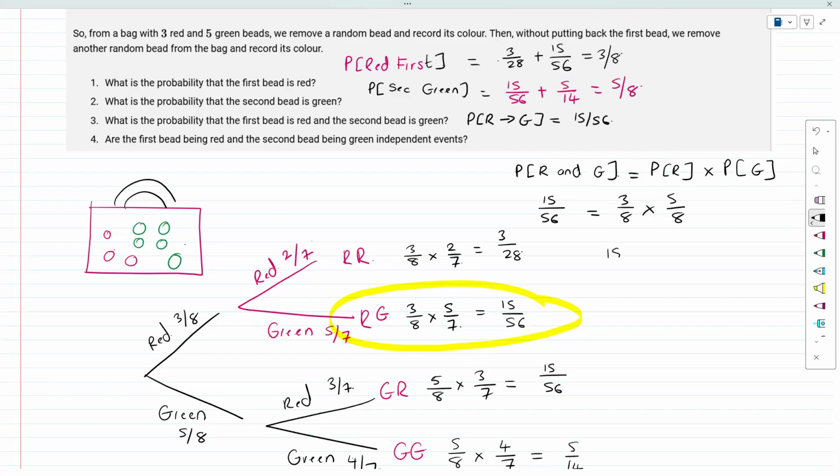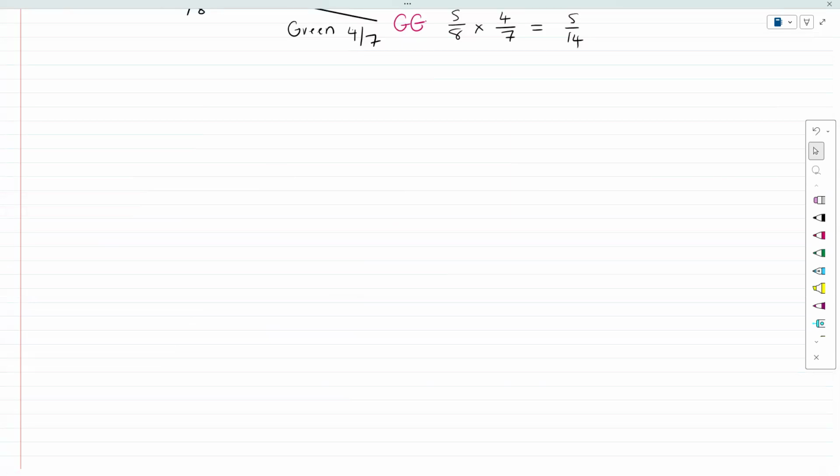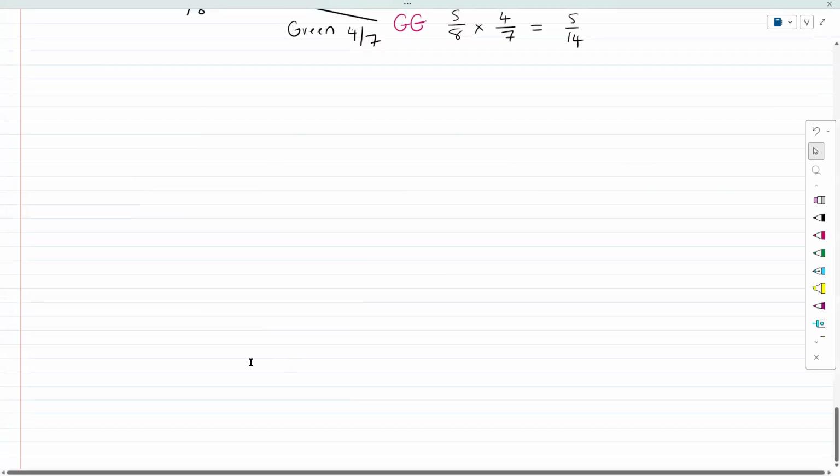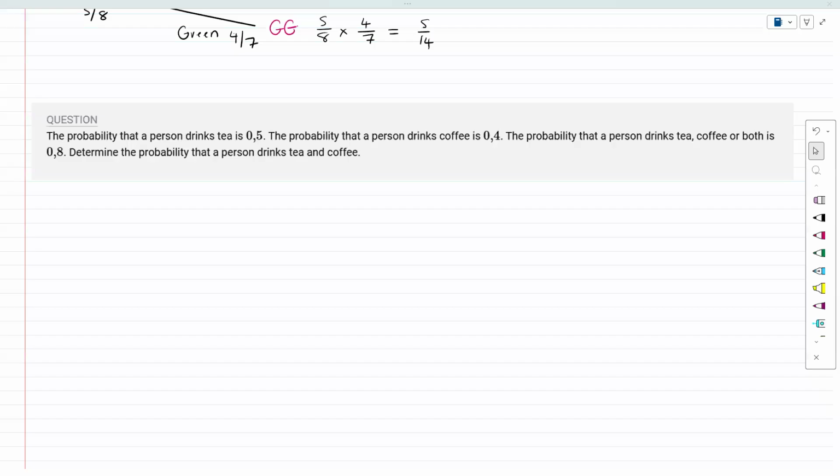And 15 over 56 does not equal 15 over 64. So again, I know this question was difficult. If you guys did not do any of the grade 11 work, it's going to be a bit difficult. But with a bit of practice, right.